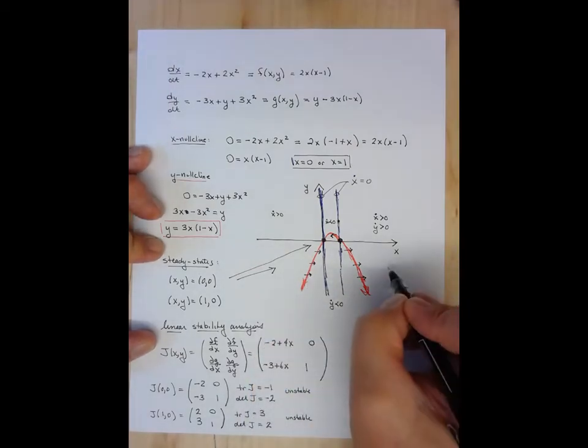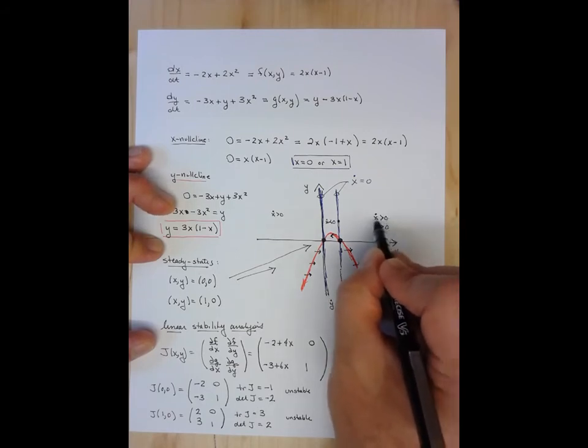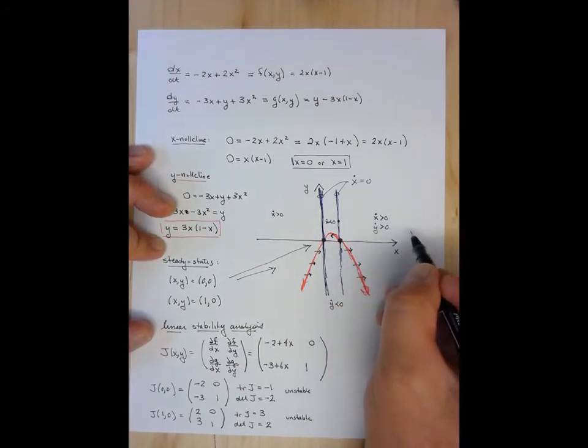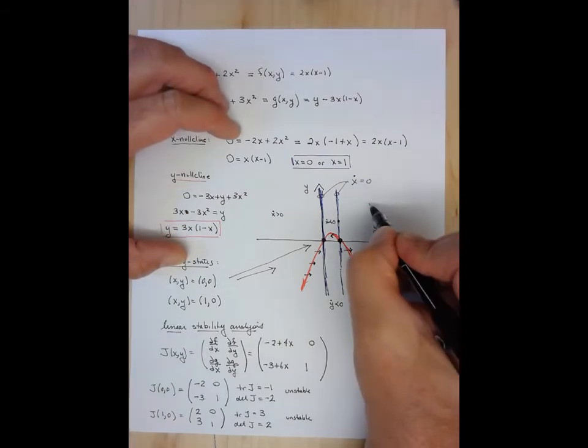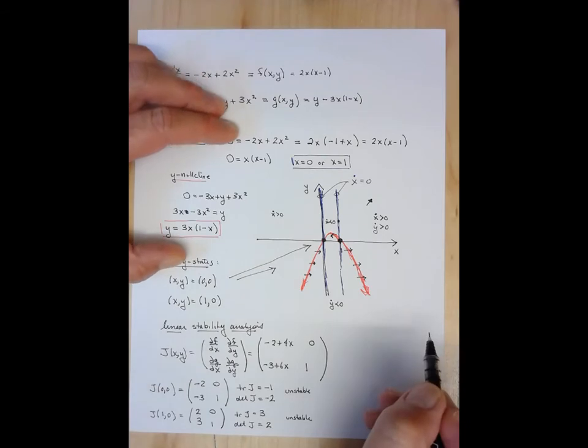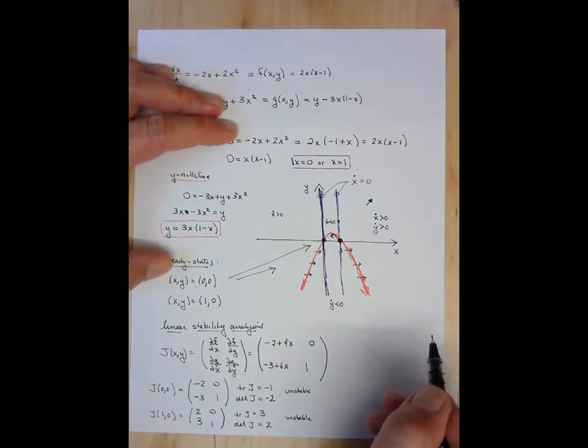And now these arrows won't represent solutions, but in this region where the rate of change of x is positive and the rate of change of y is positive, that would be indicated by an arrow going to the northeast.